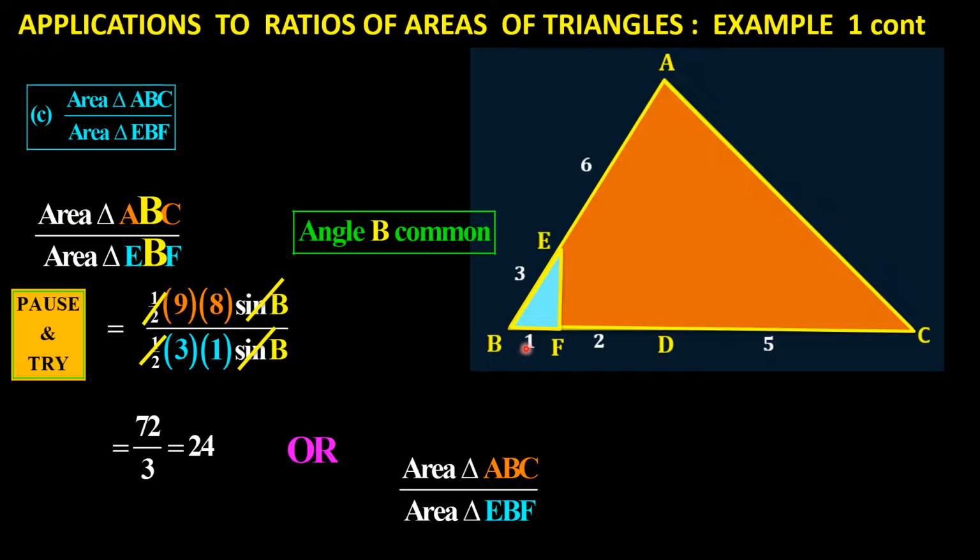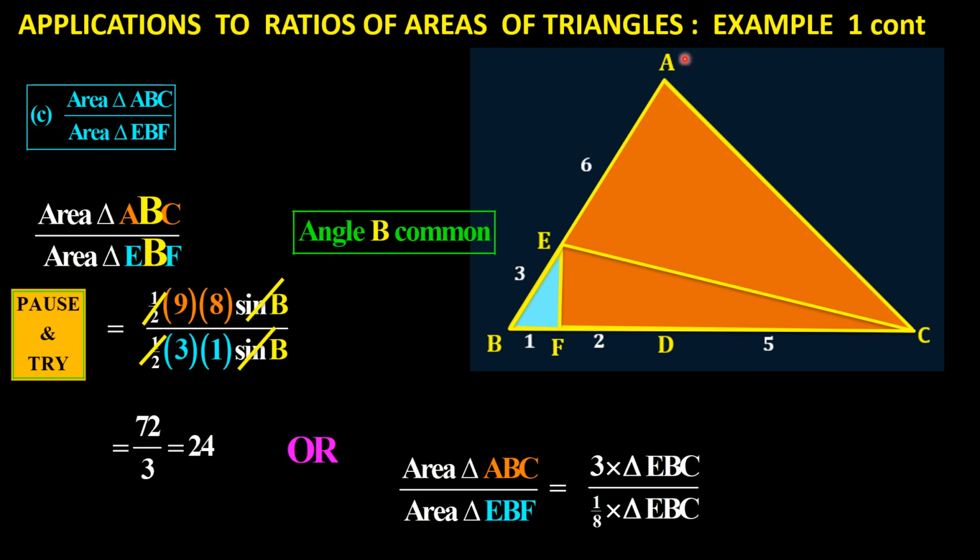But we could also have figured it out another way. Let's look at ABC and EBF. Let's just put in our line EC there. If we look at ABC and EBC, the EBC fits into the ABC, and the EBC is 3/9 of the ABC.